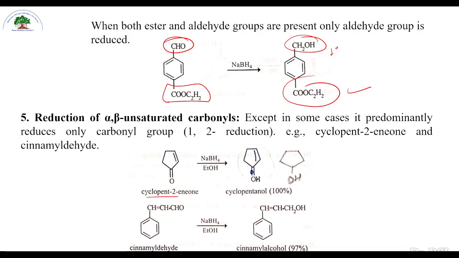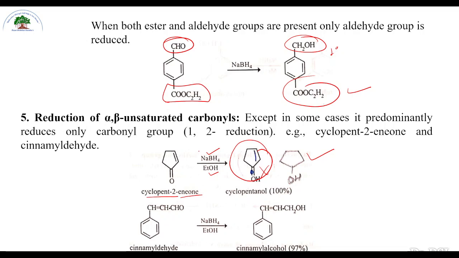So cyclopent-2-enone is reduced by sodium borohydride in ethanol, and here cyclopentanol, 100% cyclopentanol, is obtained, and this is the structure of cyclopentanol. So what happened here? 1,2-reduction takes place.